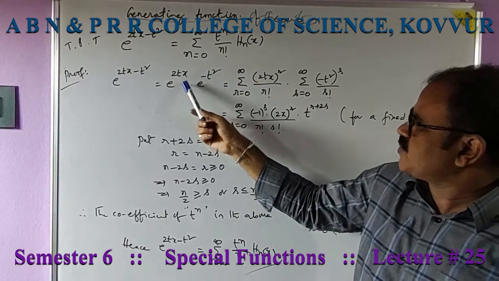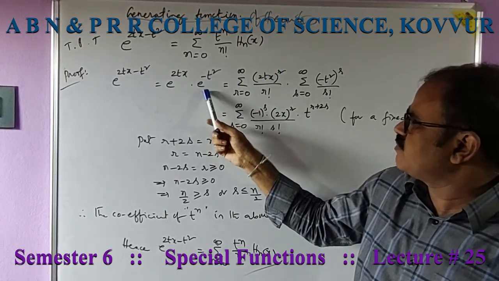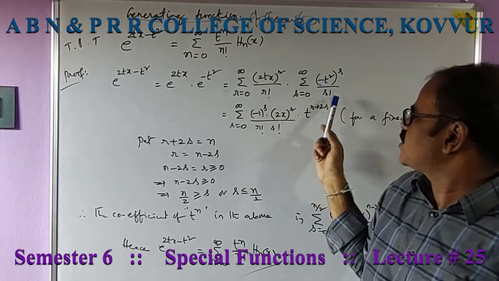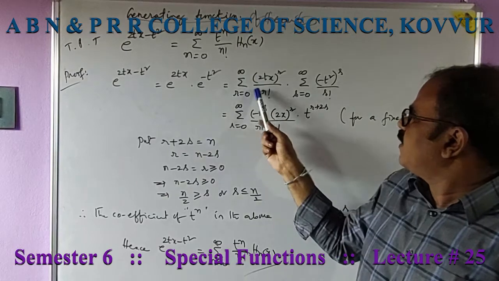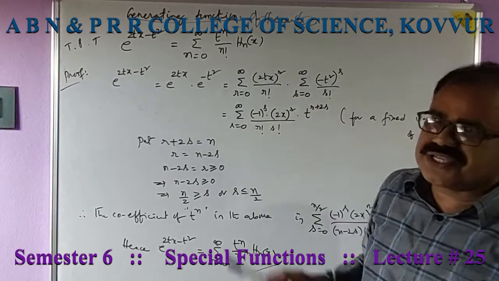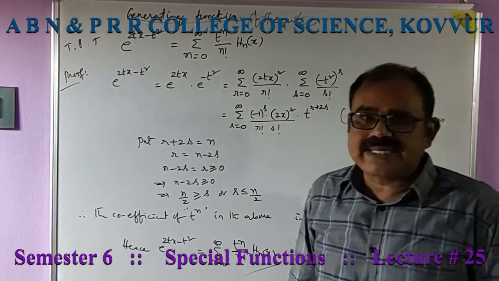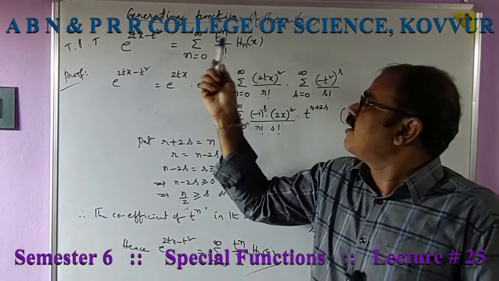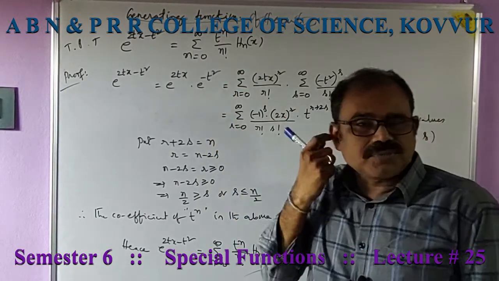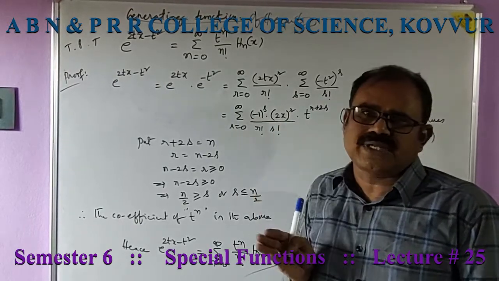That is sigma r is equal to 0 to infinity (2tx) power r by r factorial, and the expansion of this one is sigma s is equal to 0 to infinity (minus t square) power s by s factorial. Multiplying these two summations, in that product if you pick up the coefficient of t power n, that is Hn(x).